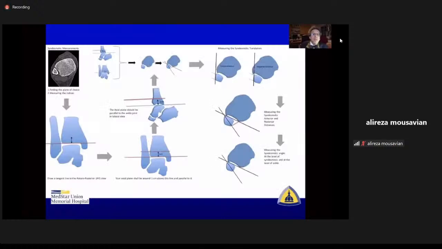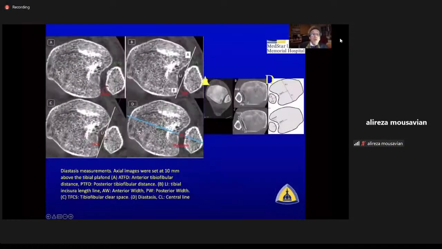He particularly was involved in doing syndesmotic measurements, and this is from one of his papers and presentations, looking at the various CAT scan ways to measure the displacement between the fibula and tibia. I'm not going to go through all this now, but suffice to say there are many different ways to look at this injury with a weight-bearing CAT scan. And you can see here the distance between the fibula and tibia.